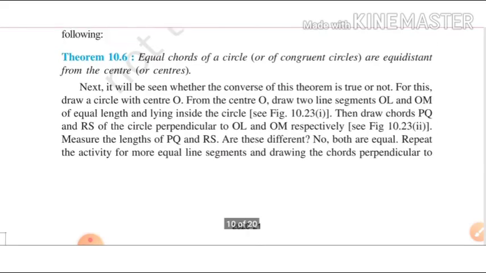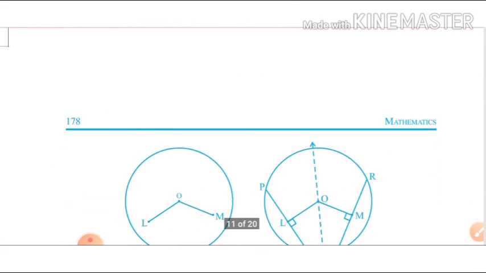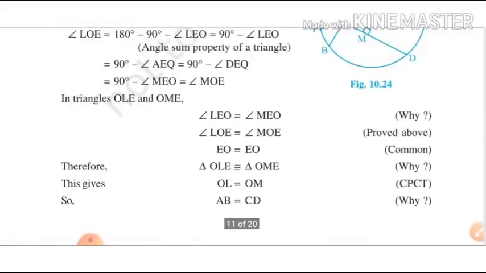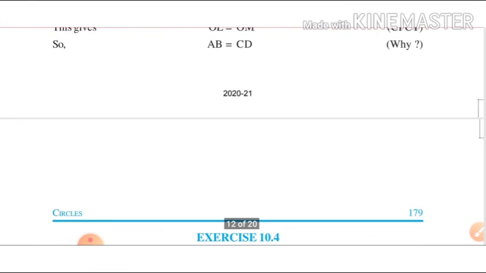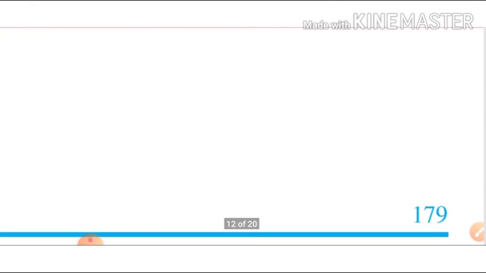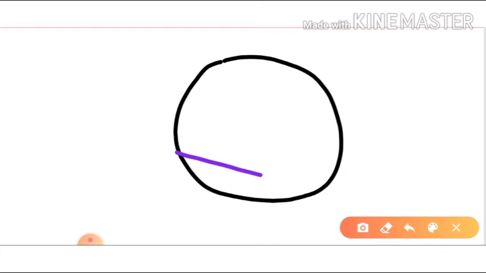Although the proof is not given here, you can also prove it by yourself. Okay, how? So draw a circle, again for the same circle. Okay, and then draw a chord.